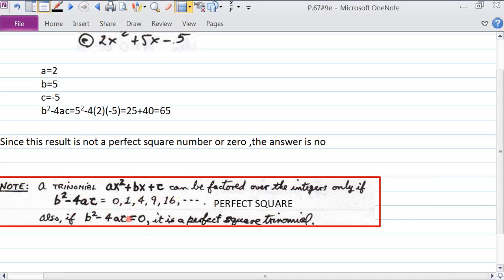Now, if b squared minus 4ac is 0, it is a perfect square trinomial. In other words, whatever is in the first term is identical to whatever is in the second term.